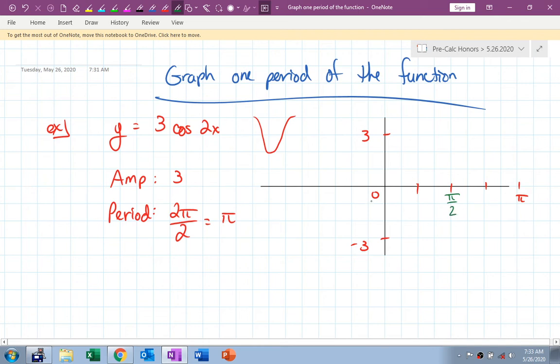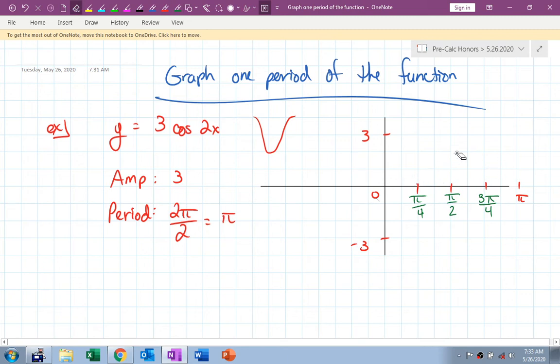Then to figure out this next missing one, well, what's halfway between 0 and pi over 2? Well, halfway between 0 and pi over 2 is pi over 4, which therefore means this is 3 pi over 4. Because each little distance here is pi over 4.